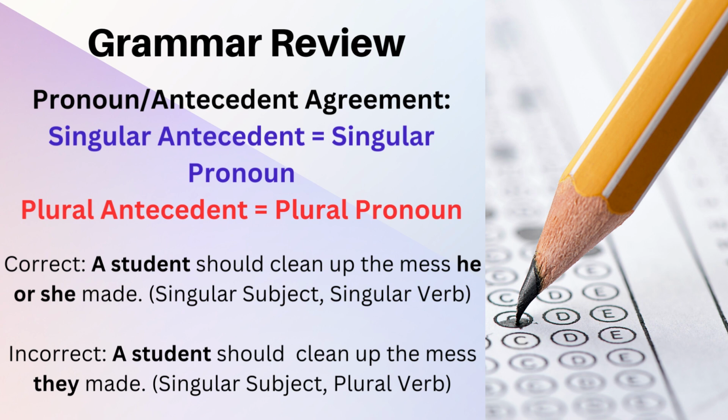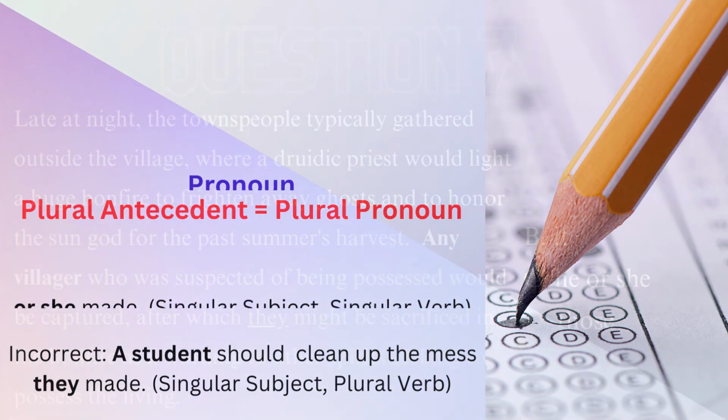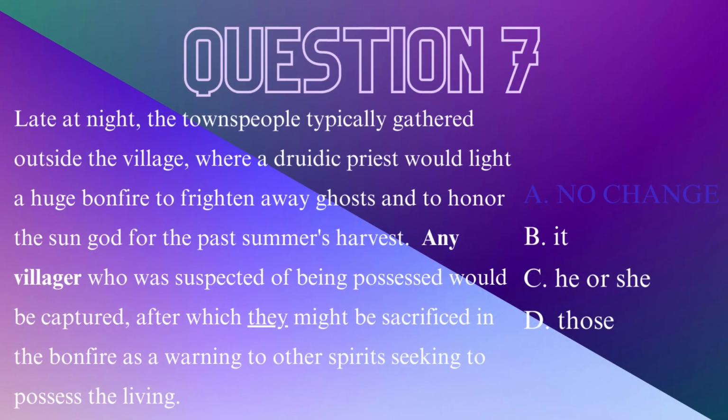A student, meaning one. That is why it is correct to say he or she. It means either one, but the point is that it is only one person, singular. Therefore, the correct answer to this question is C, he or she. The sentence now reads, any villager who was suspected of being possessed would be captured, after which he or she might be sacrificed in the bonfire.